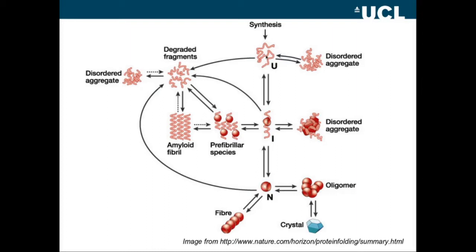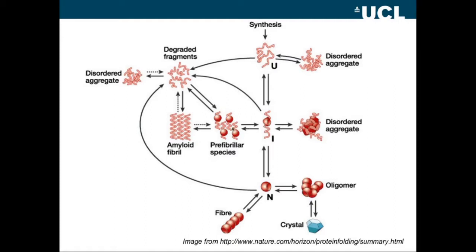So the original unfolded protein can form some sort of disordered aggregate. It can get degraded into fragments, and they can aggregate. They can form these amyloid fibrils. They can also do that via prefibrillar species.